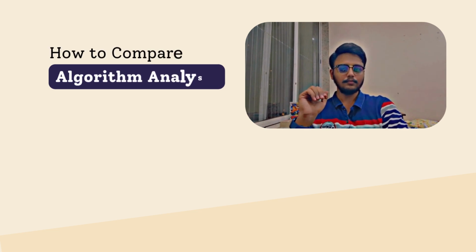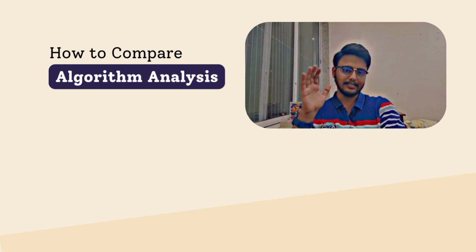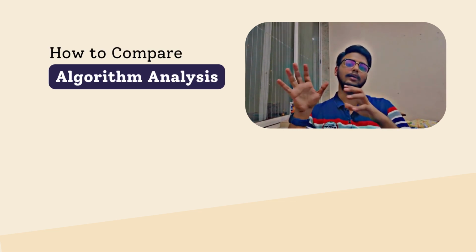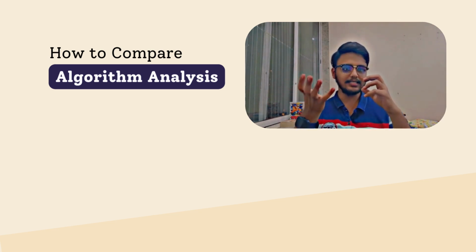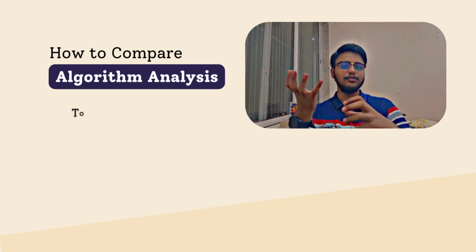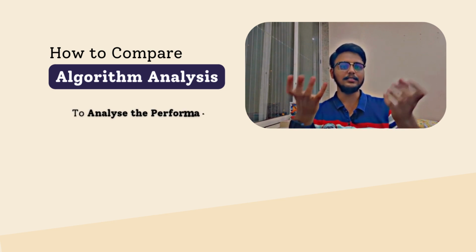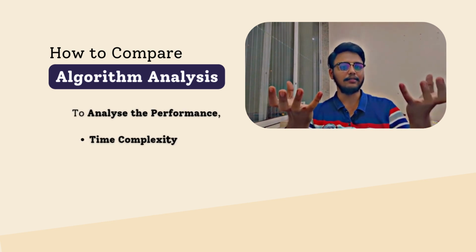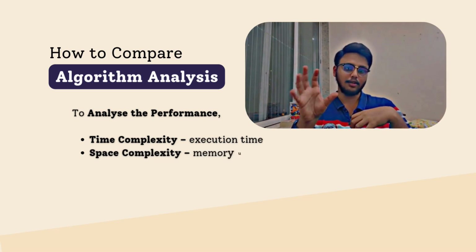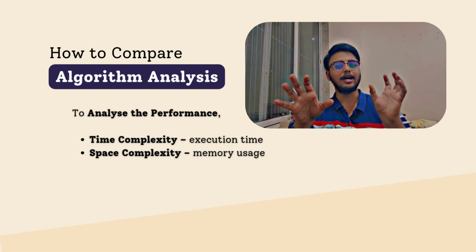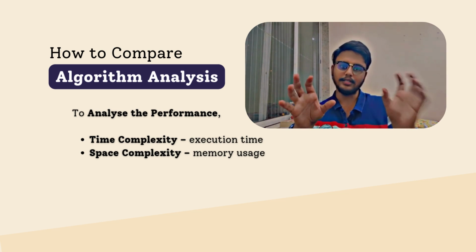Now the most important question that arises in the algorithm field is how do we compare exactly these two algorithms? To analyze the algorithm's performance, we use two concepts, the complexities. One is time complexity and the other one is space complexity. Time complexity is how fast the algorithm runs, and space complexity is how much memory the algorithm is utilizing.